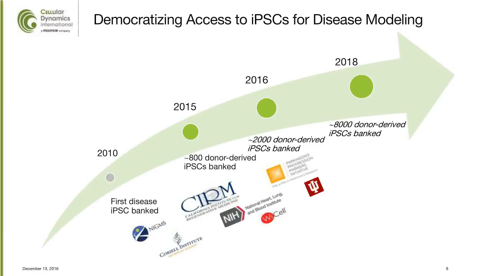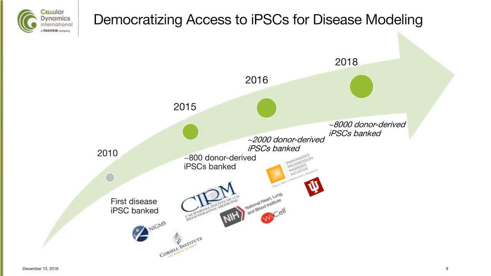This slide is to illustrate how we have been trying to really enable the entire research community to have access to different disease types through our banking efforts. The first iPSCs were banked in 2010, and then in 2015, approximately 800 donors were banked, and currently approximately 2,000 donors.